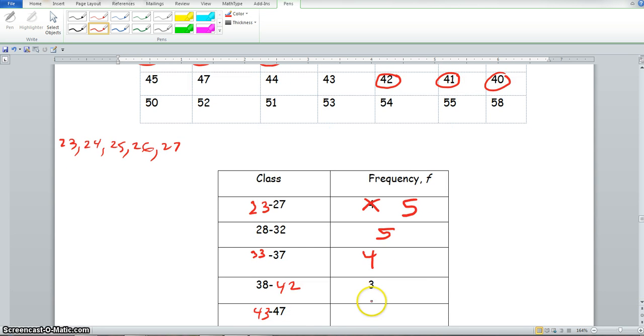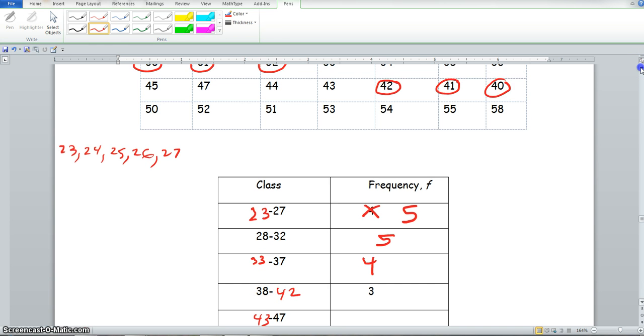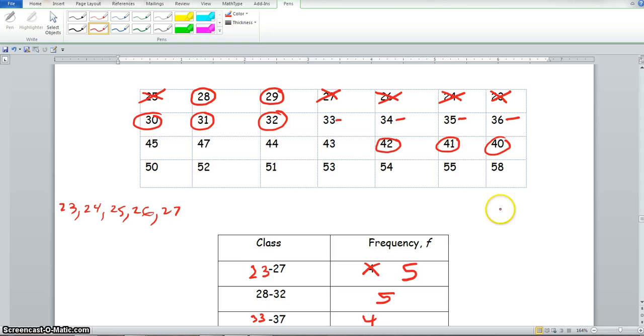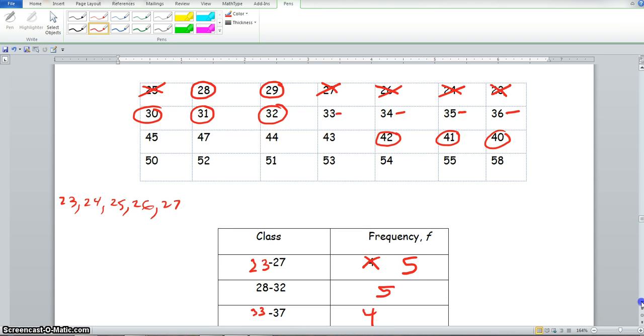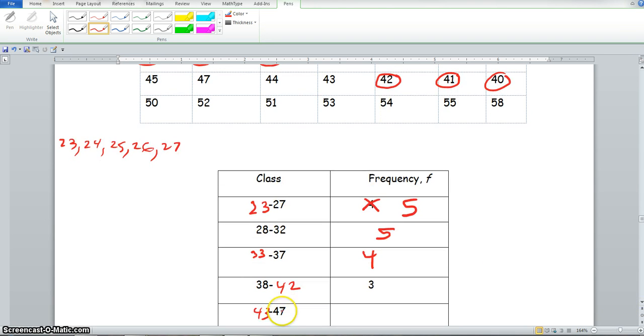Now our next group of numbers is 43 through 47. Now if you notice here, all of the numbers up here have been used, so we don't need to look at those anymore. Now we have 43 to 47, which is 45, 47, 44, and 43. So it's 4 of them.